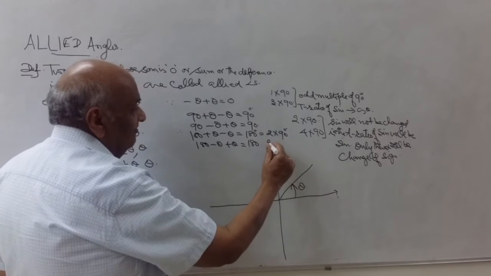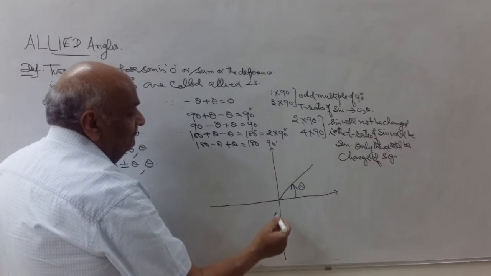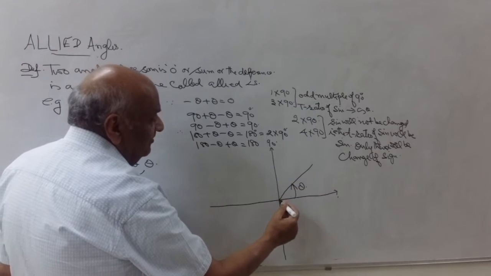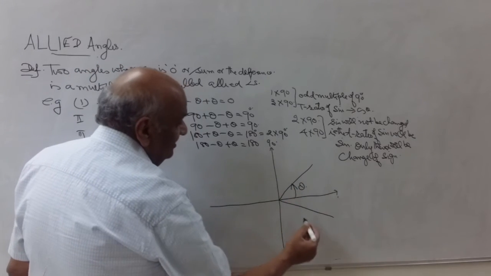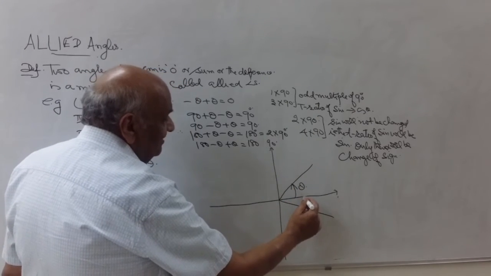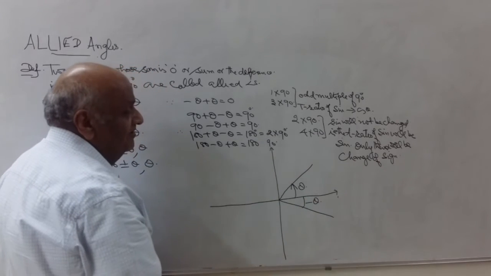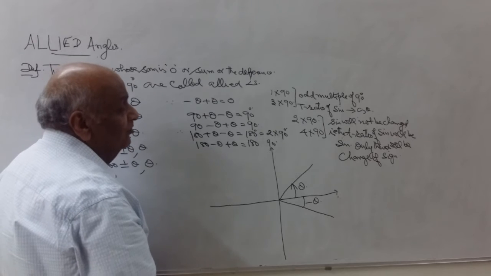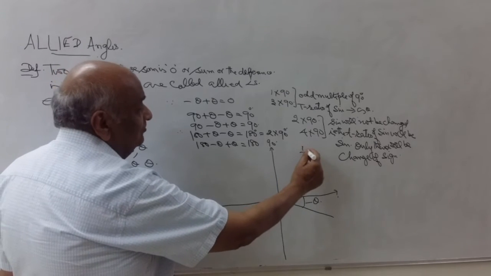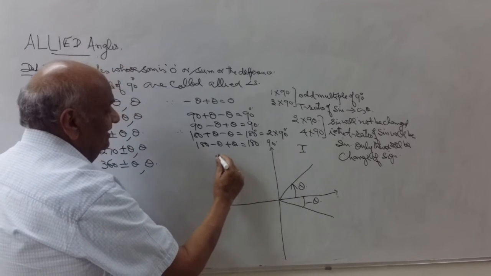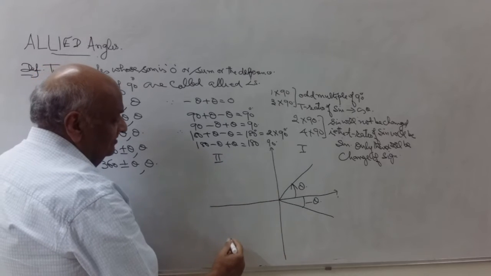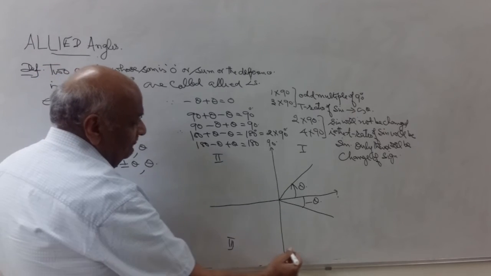This is 90. If I just rotate clockwise, this angle is minus theta. You please keep in mind. Moreover, we have the first quadrant, the second quadrant, the third quadrant, the fourth quadrant.